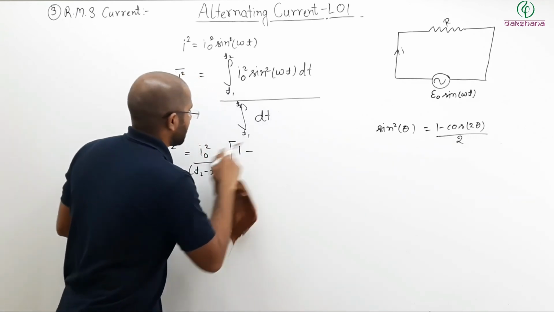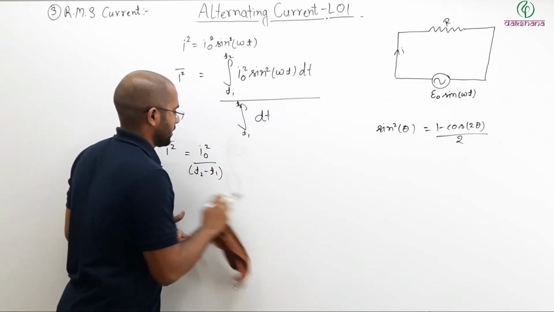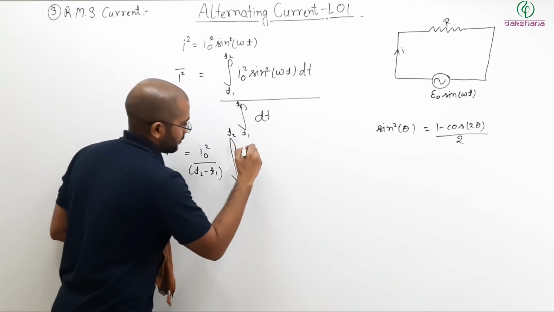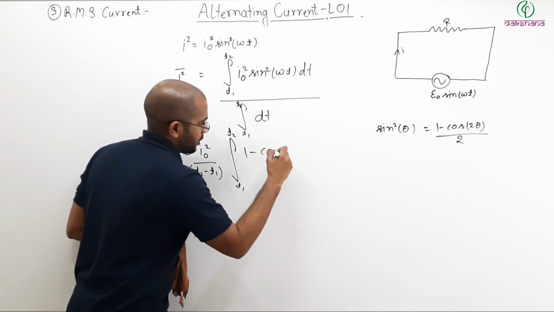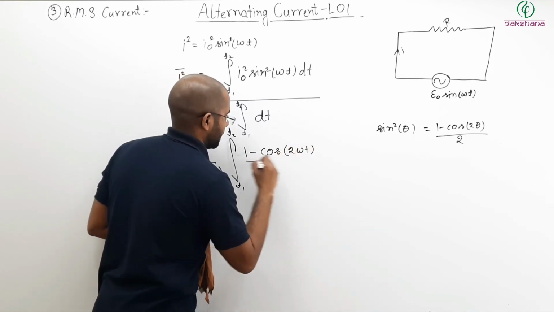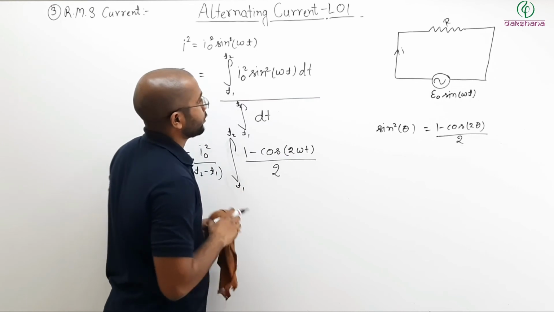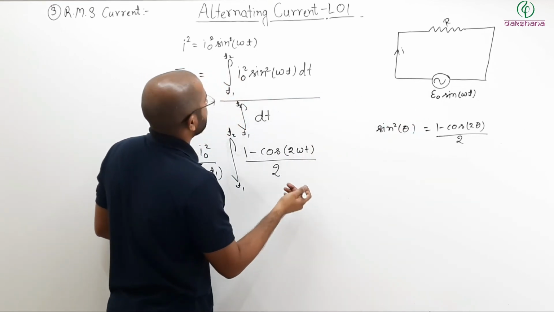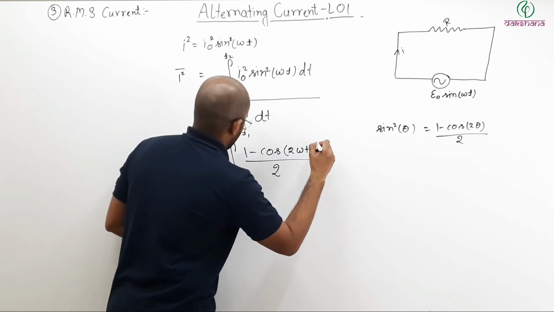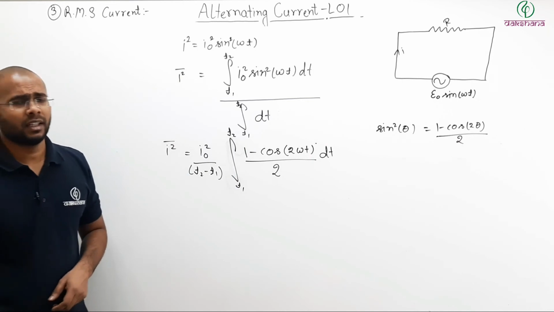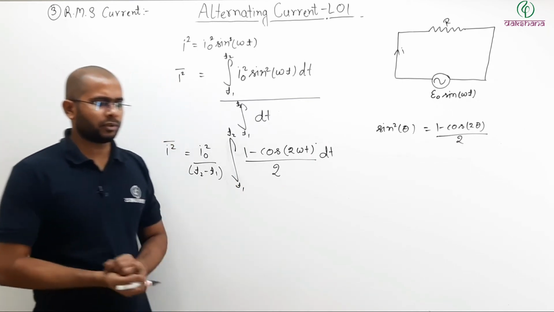Sine square theta may be written as integration t1 to t2 of 1 minus cos of twice omega t, divided by 2, dt. This is pure mathematics. If you know, you know.